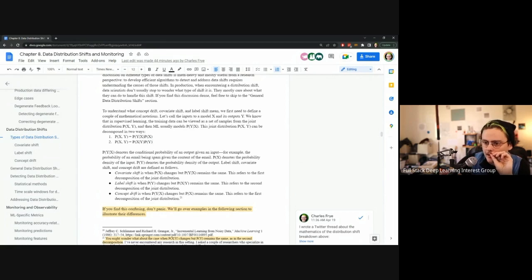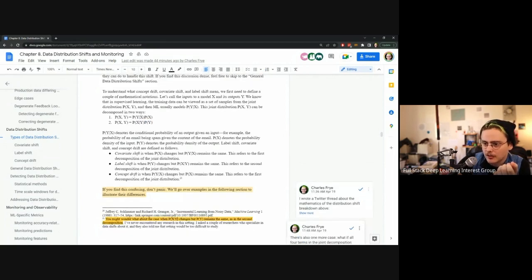Concept drift is when this relationship, P of y given x, the thing that your model is trying to learn, is changing, but the input distribution stays the same. There's also a fourth option, when P of x given y is changing but P of y stays the same. That's mentioned here in this footnote.